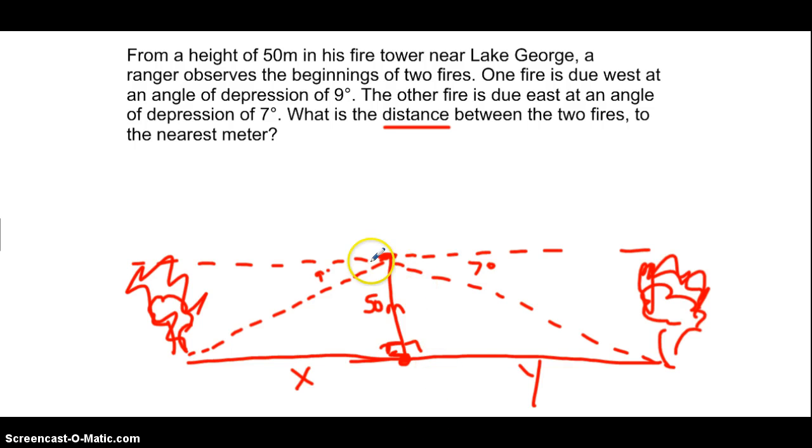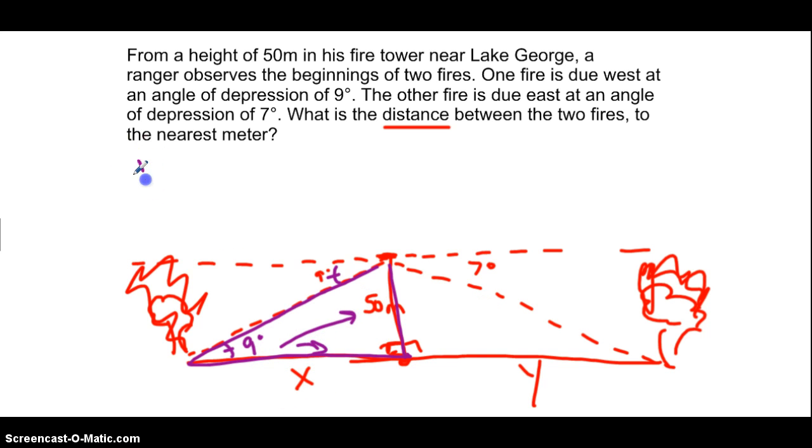So remember angle of depression. If you remember that these lines are parallel, the horizon is parallel to the ground. That's our assumption, okay? So this 9 degrees is technically outside of the right triangle for which we're measuring with that 50, okay? So if this is my right triangle here, 9 degrees translates down to 9 degrees right down here in my triangle. So now if I want to solve for x, I have the opposite and I'm looking for the adjacent.